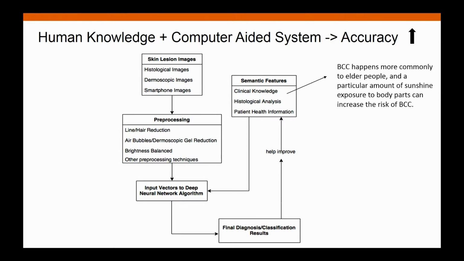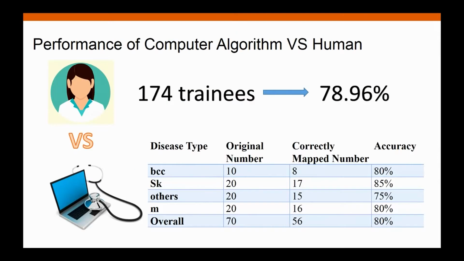We combine them together as a total input vector to the deep neural network algorithm. And we will have the final diagnosis or classification results that can also help us improve the selection of our semantic features, so we know which features are good for the training and which are not.